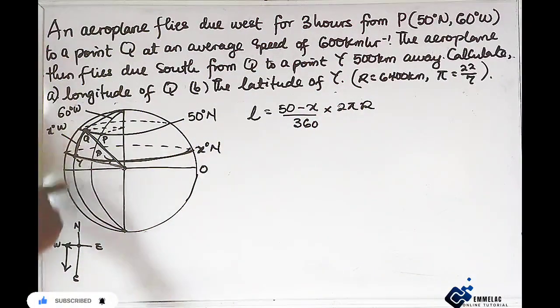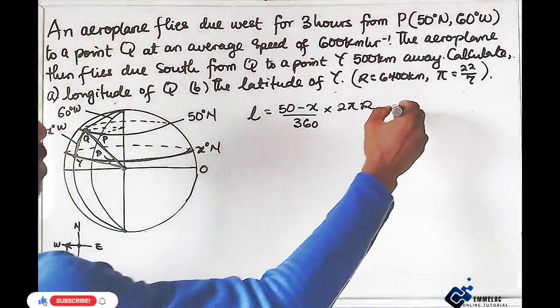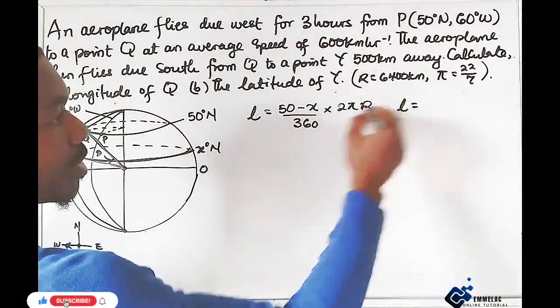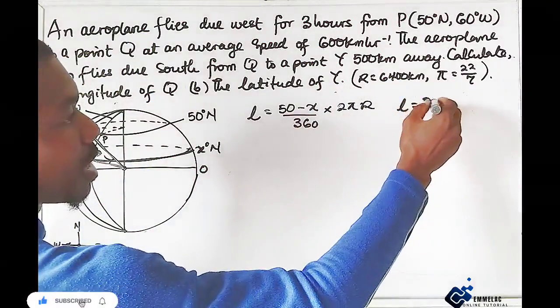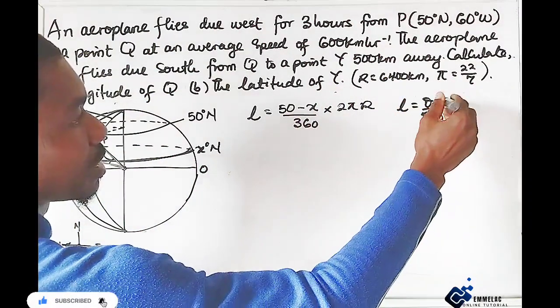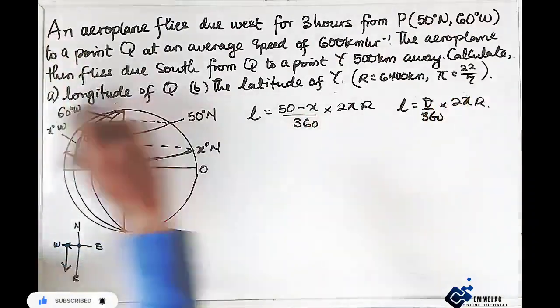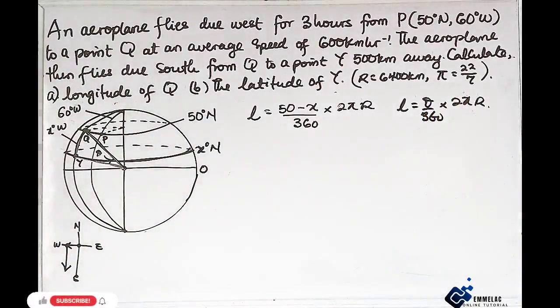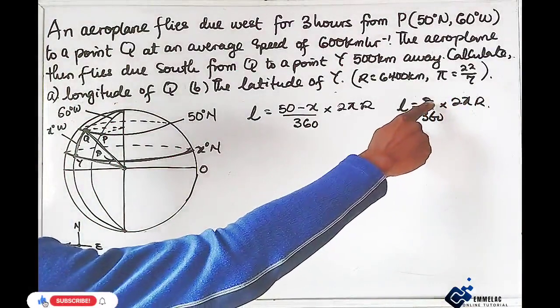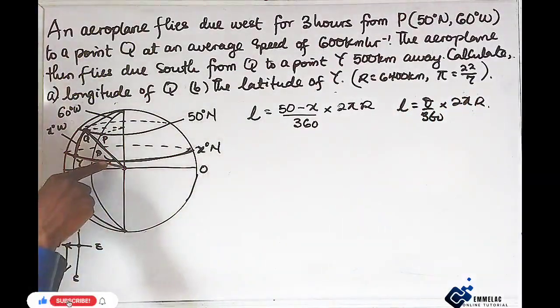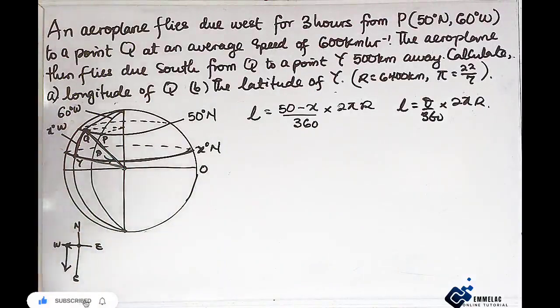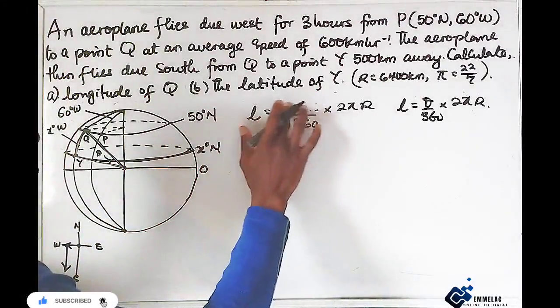Because it's the line of latitude formed at the equator. Originally this formula is meant to be theta over 360 times 2 pi R, and this angle here is the angular difference.